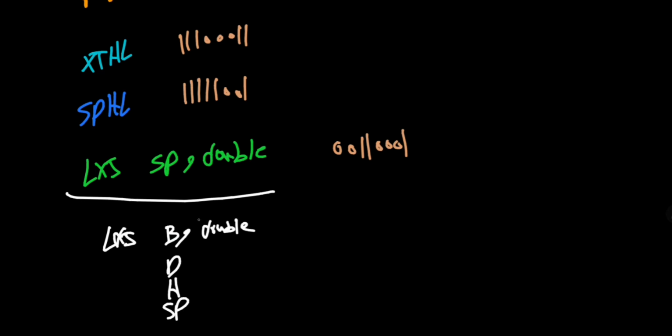The double byte would go to the BC register pair, or the DE register pair, or HL, or SP.